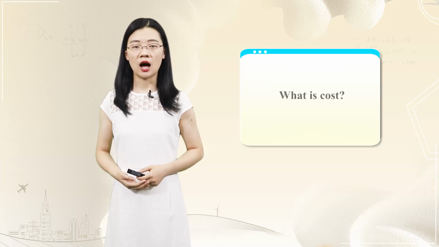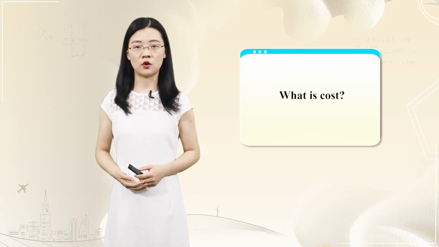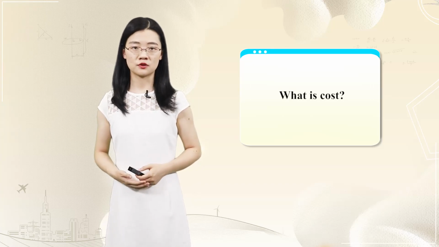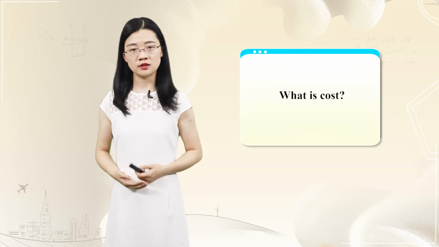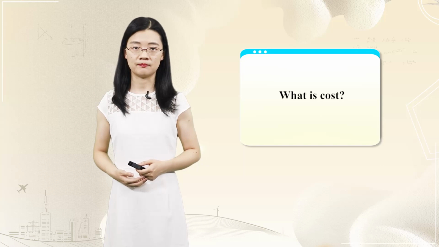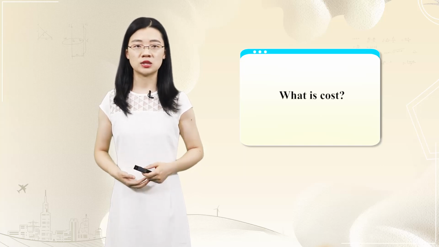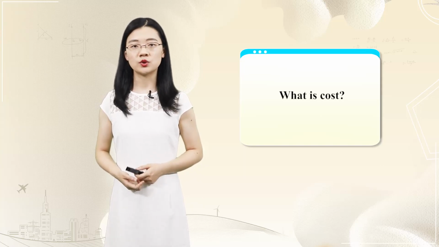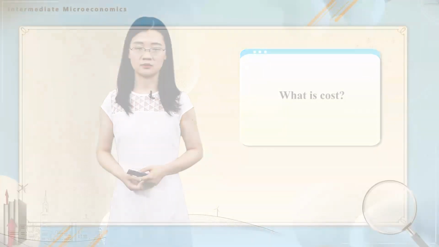To calculate how much a producer pays for production, we must first figure out which items should be included in the producer's cost. The cost we mentioned in daily life is usually an accounting concept.